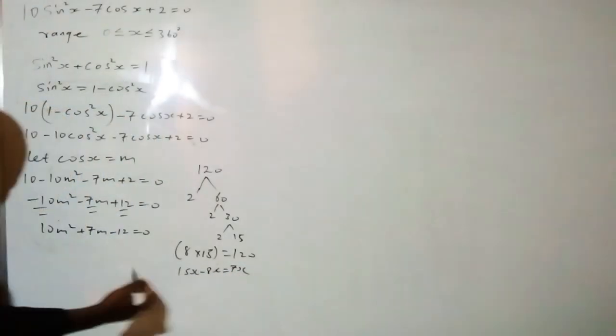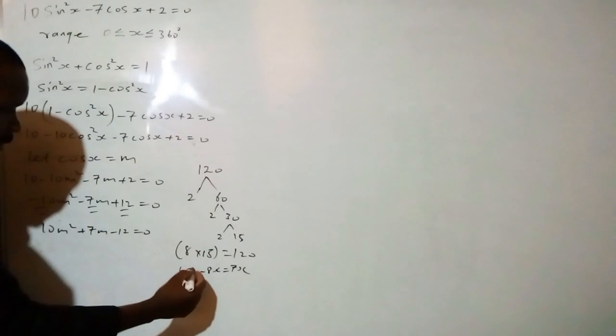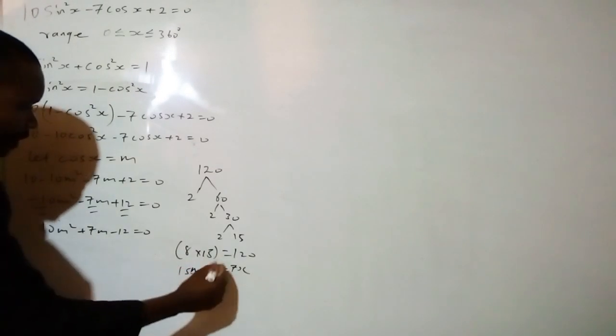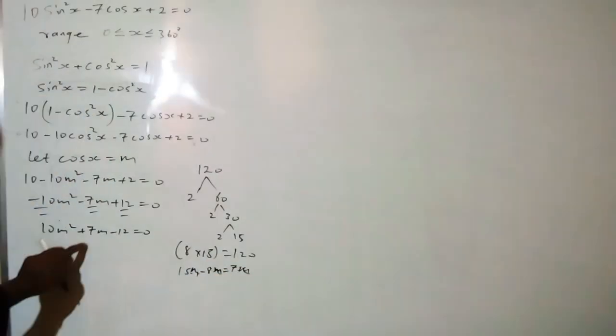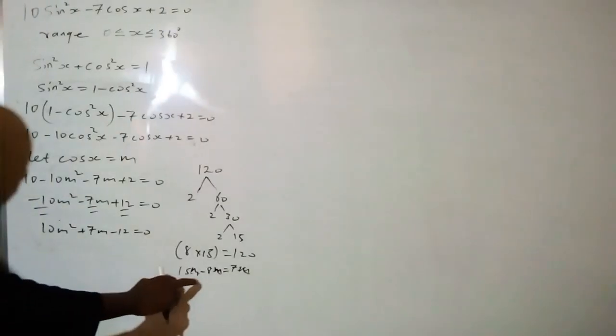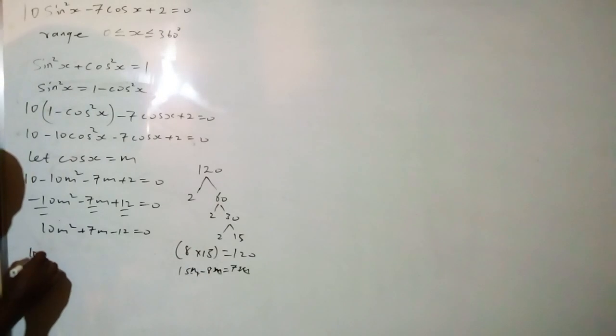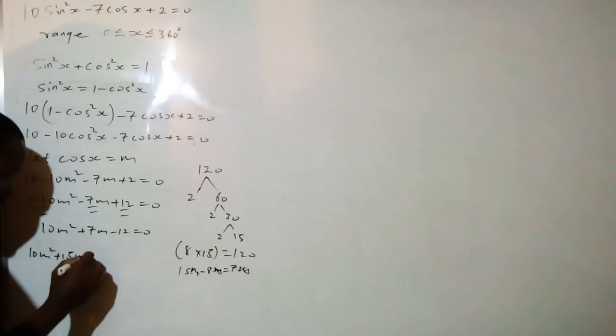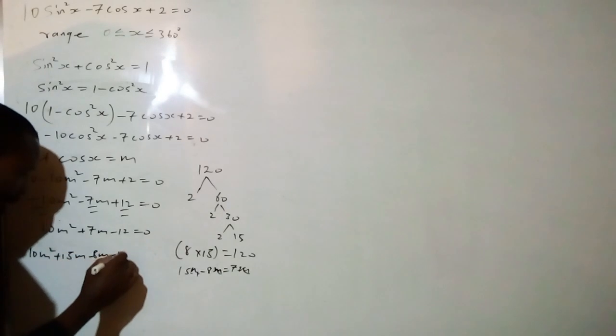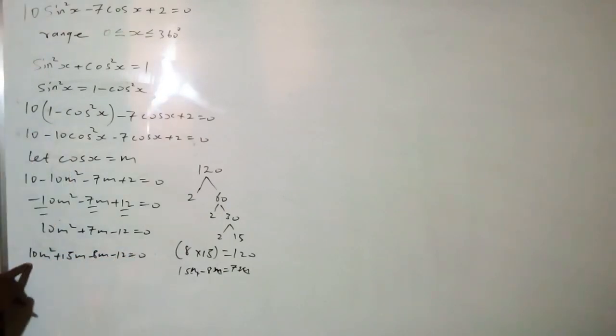Now we are going to use m because here we have m. When you have 7m, we substitute with 15m minus 8m. 10m squared plus 15m minus 8m minus 12 is 0. For 10 and 15, the GCD I can see is 5m.